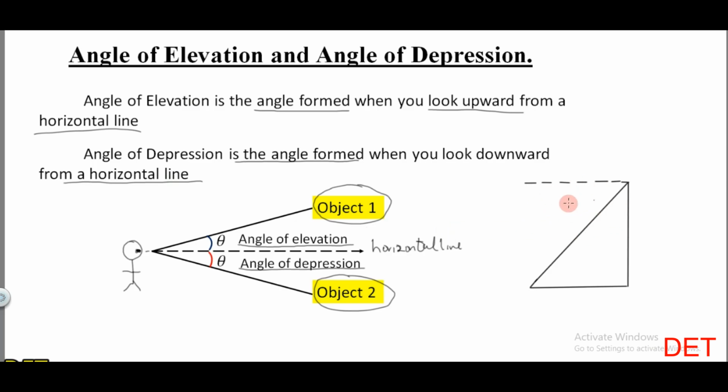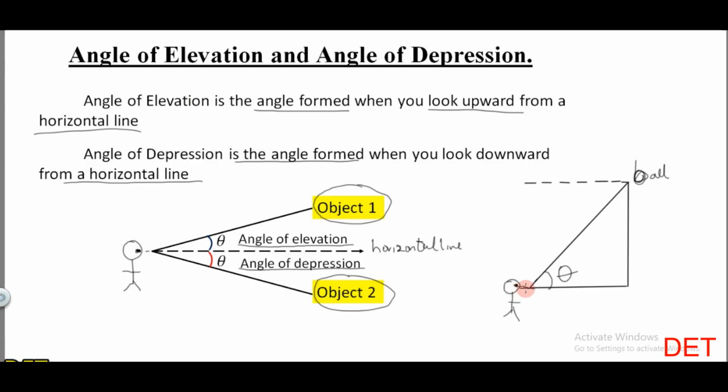So angle of depression is the angle formed when you look downward from a horizontal line. We can also illustrate that here. So if somebody, for instance, is here, and this is the person's eye, you will see that the person's eye level is this horizontal line. When the person looks at an object here, so let's say there is a ball that is here, if this person looks at this ball from this horizontal line, that angle that is formed, theta, is referred to as the angle of what?